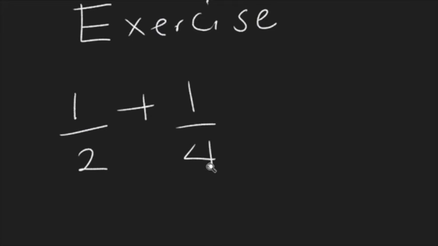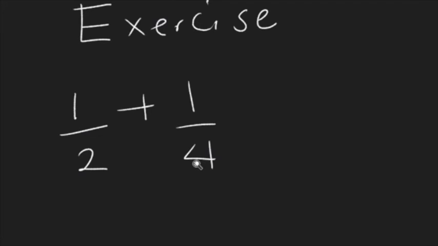Okay, so we'll do another exercise, and this time around we will be adding fractions. Again, remember, this is how you add fractions. You have 1 over 2 plus 1 over 4. If you're adding fractions, one method that would always work for you is to find a common denominator.